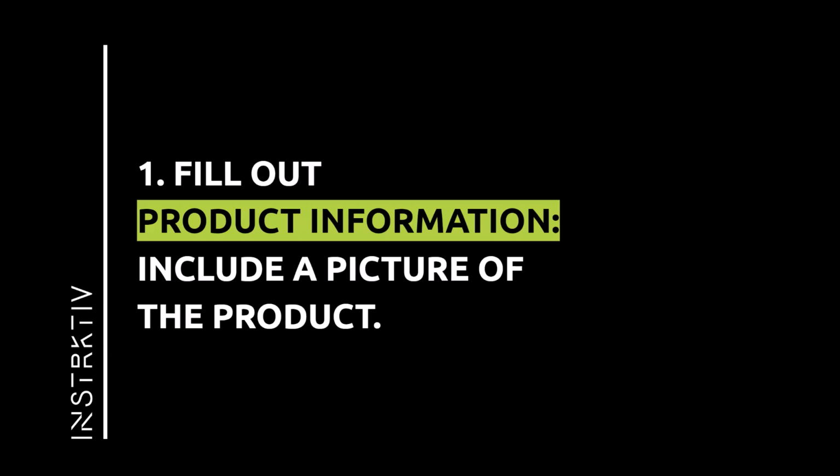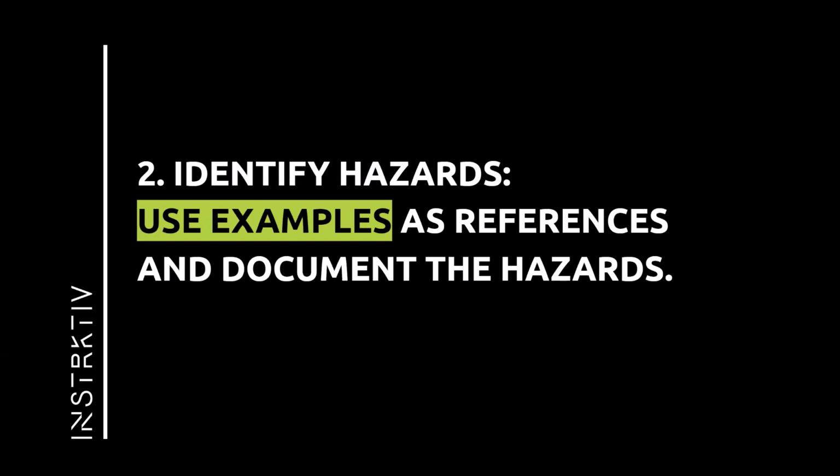The first thing that the method we drafted as a result of the decision and the standard says is that you should start with filling out all the product information and include a picture of the product in your risk assessment documentation.